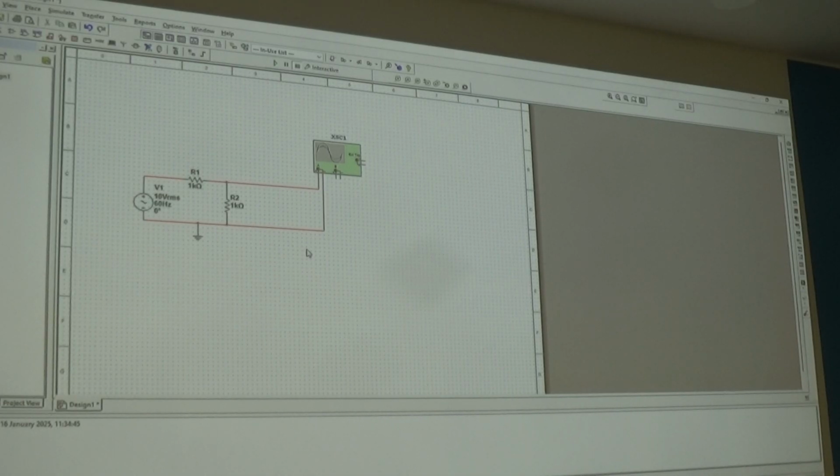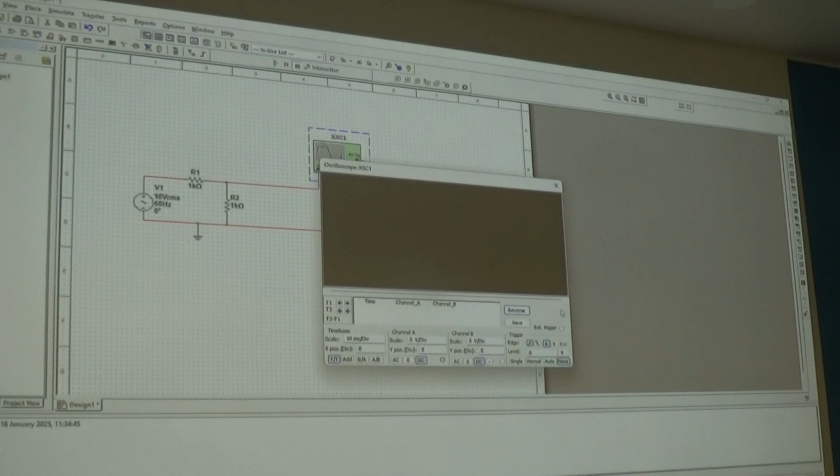and we've put it through a potential divider. Now at the moment, I would expect the amplitude to be halved. But to be able to do that, I'm going to do something, no, let's keep it simple to start with. Let's keep it simple and we'll just use one trace. So now if I run this simulation, remember the green button up the top there, let's just open up the scope and have a look first.